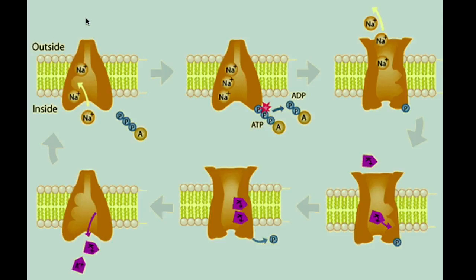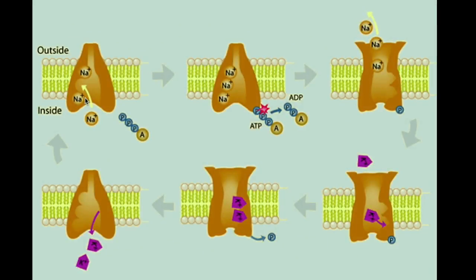That is against the concentration gradient. Potassium is the exact opposite. There is a high concentration of potassium ions inside the cell in the cytosol, and there is a low concentration of potassium outside the cell. Therefore, it also moves against the concentration gradient.